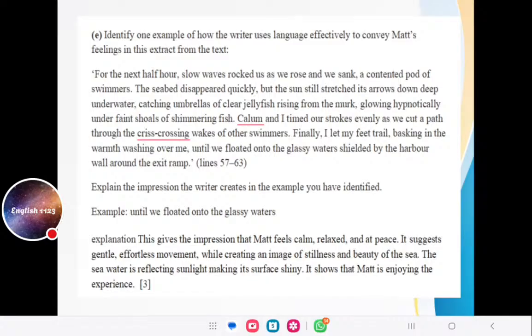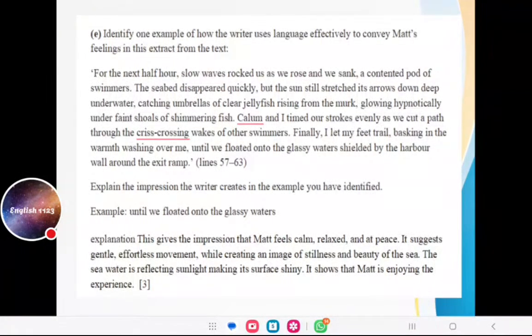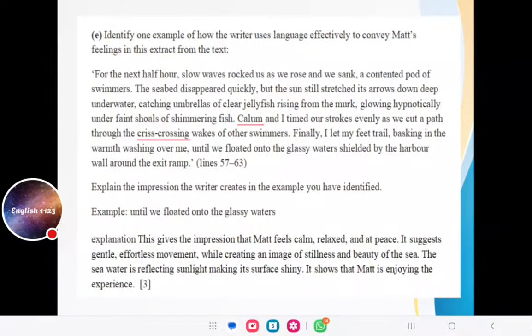When you are floating on water, even during swimming, basically it shows relaxation and calm behavior. Basically, you are in peace. So I'm writing here that this gives the impression that Matt is calm, relaxed, and at peace. It suggests gentle, effortless movement.